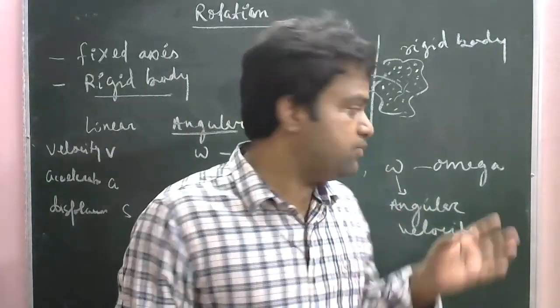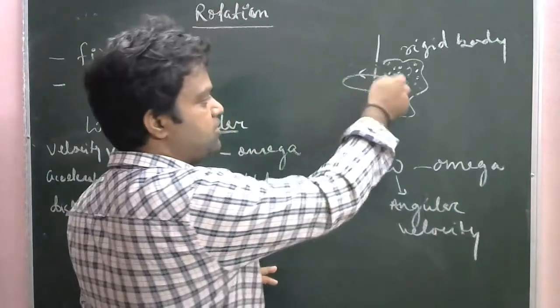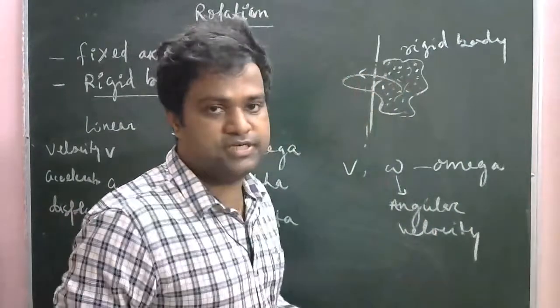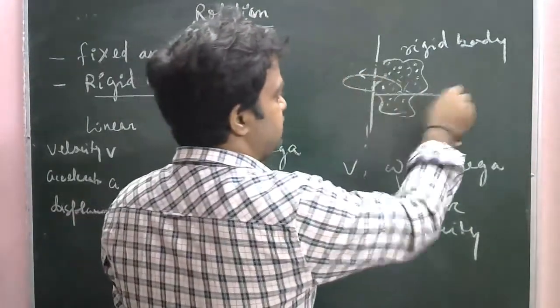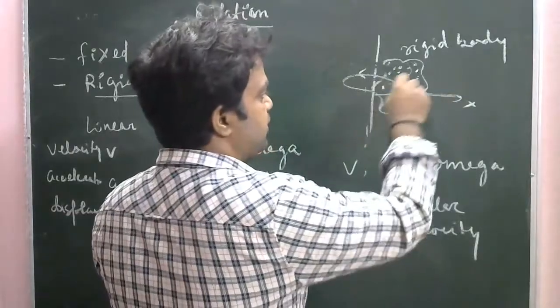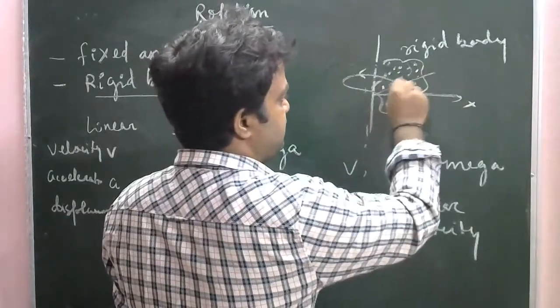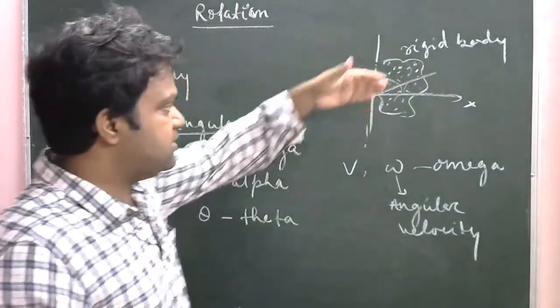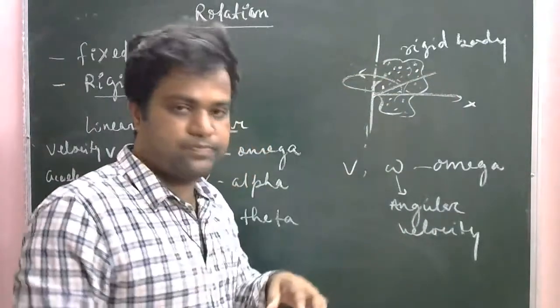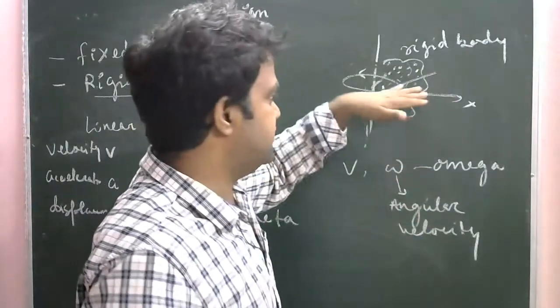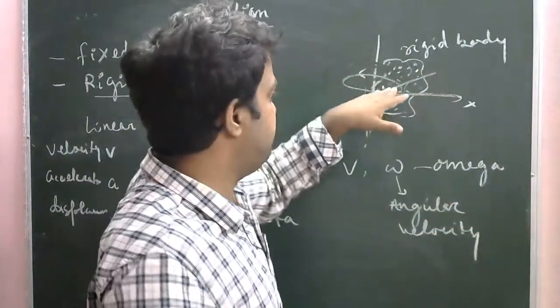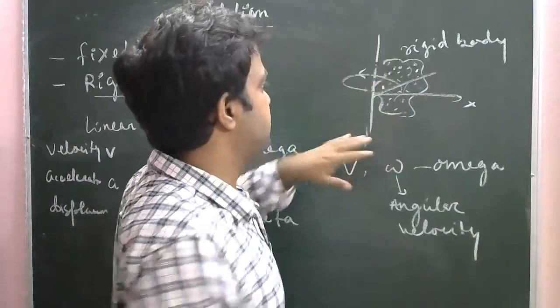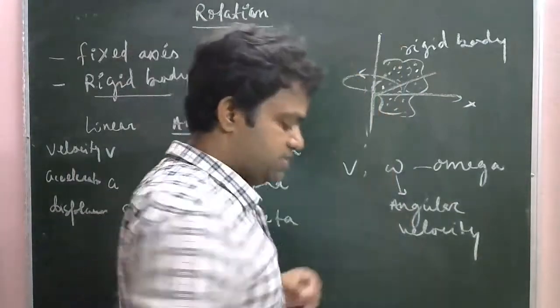So how will this displacement come about? Suppose this object is rotating about this axis. Now suppose this is another axis x, and this is your reference point. Let's say we are considering this as a reference line. This reference line will be in the plane perpendicular to the axis of rotation.